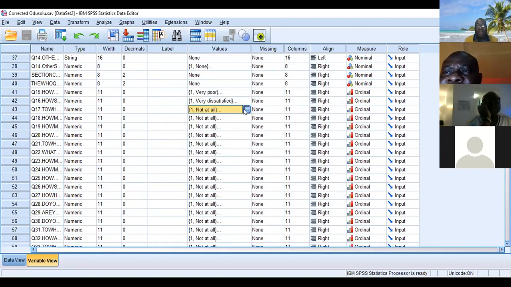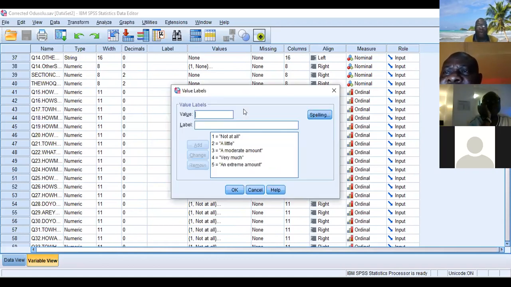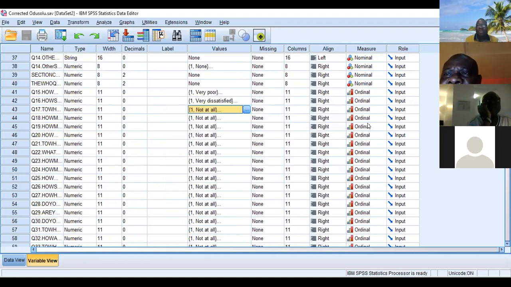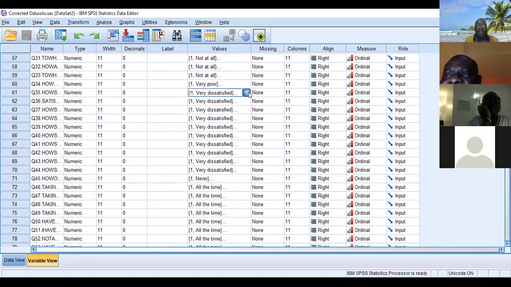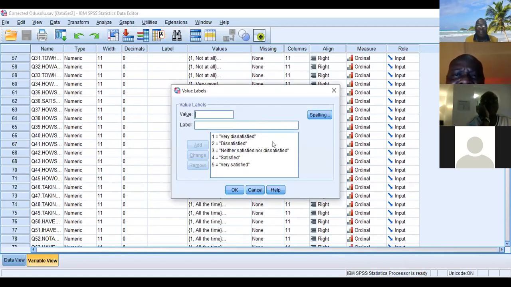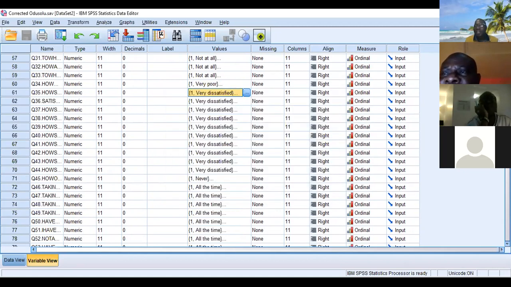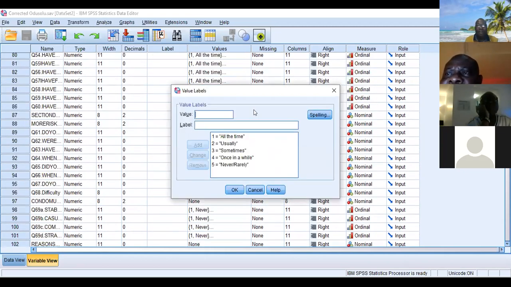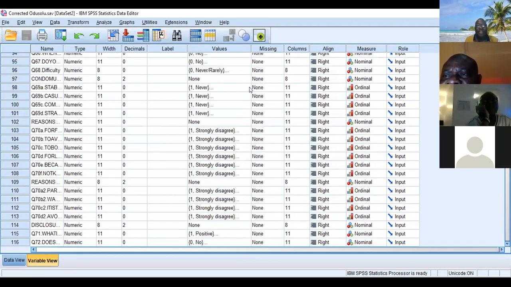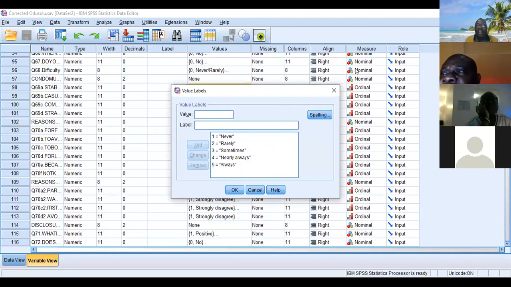Not at all, yes, sir. A little, a moderate, not at all, very much, little, and extreme. This is just one of them. There are plenty like that. There's another one here: very dissatisfied, neither satisfied, very. That is what she did. You see another set: all the time, usually, sometimes, never, really.